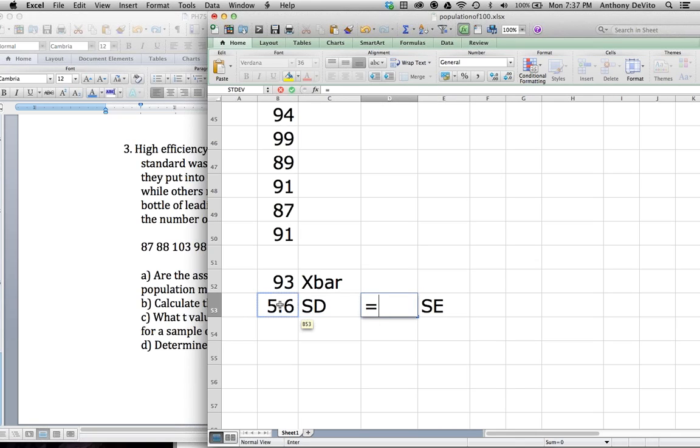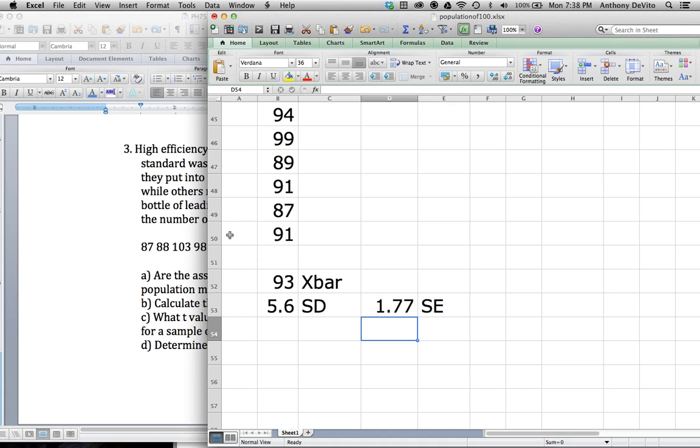It's going to be equal to the square root of, excuse me, 5.6. Yes, thank you. I appreciate it. 5.6 over the square root of the sample size, which is 10, right? Okay, it's 1.77. That's my standard error.